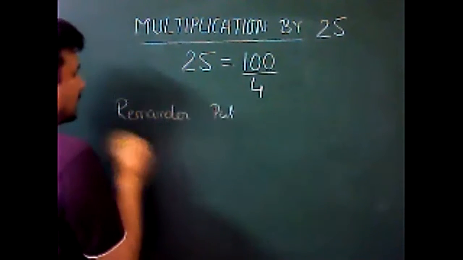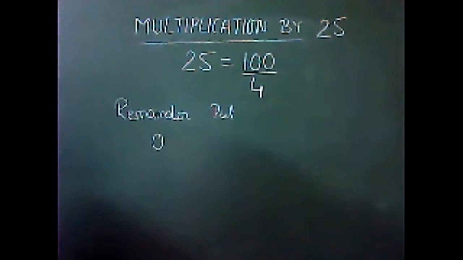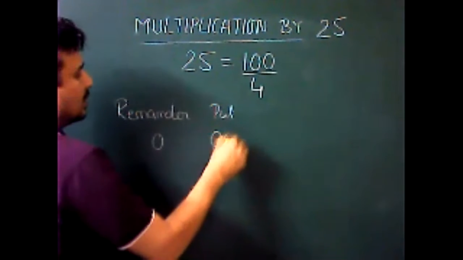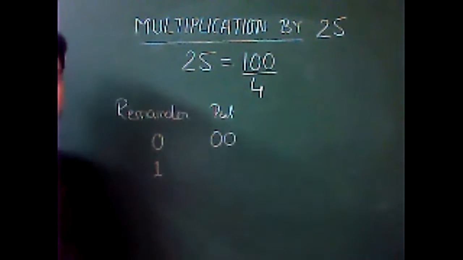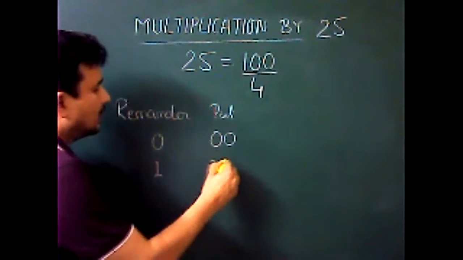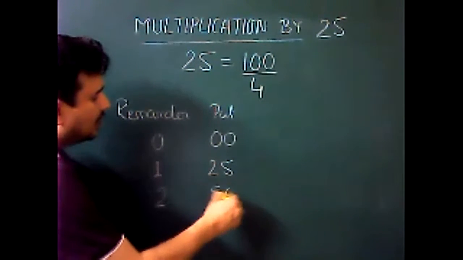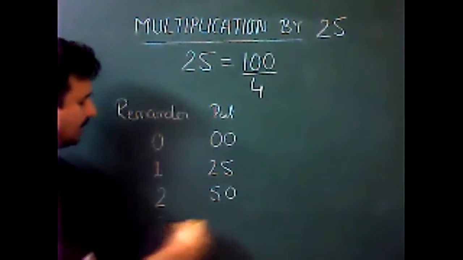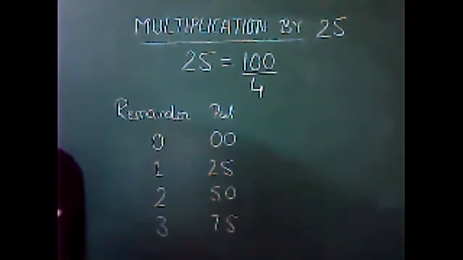The first case is that the remainder is 0. If the remainder is 0, put double 0 at the end. If the remainder is 1, we have to put 25 at the end. If the remainder is 2, we have to put 50 at the end. And if the remainder is 3, we have to put 75.